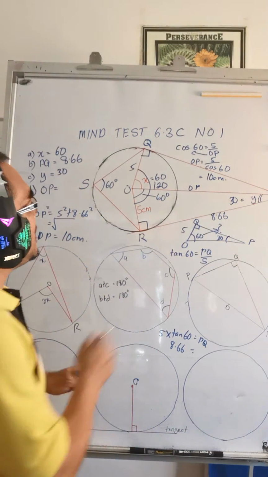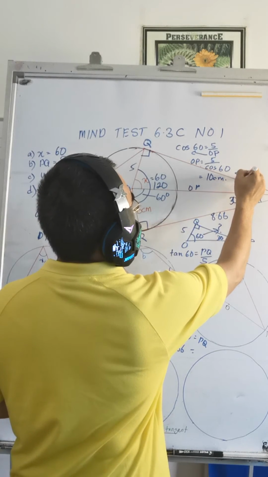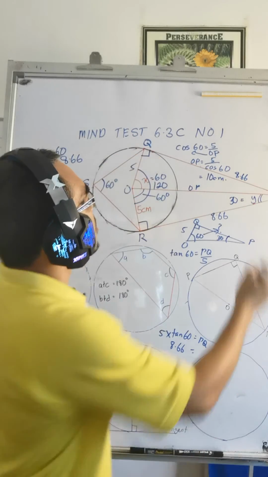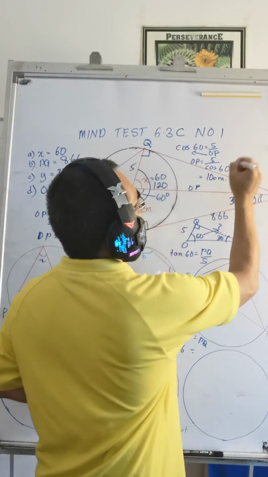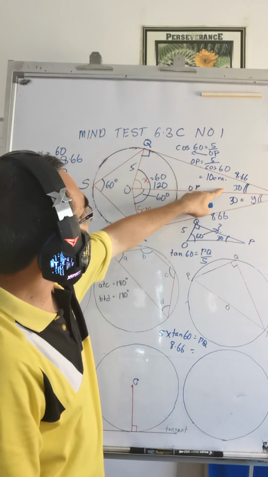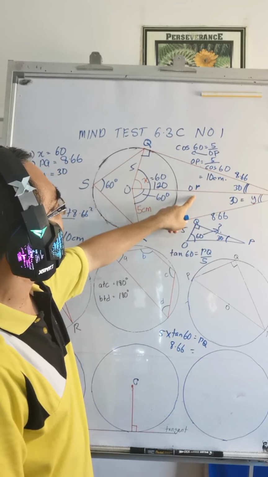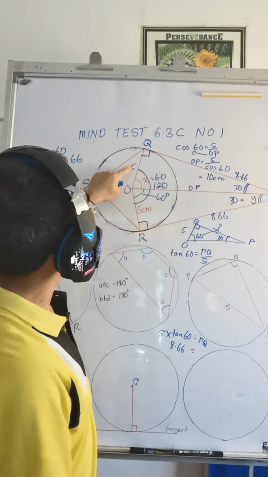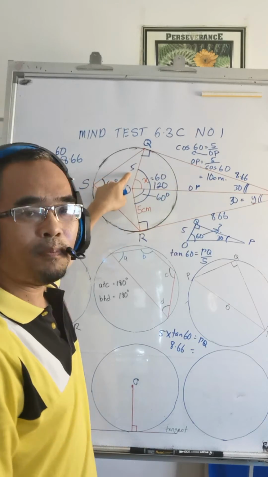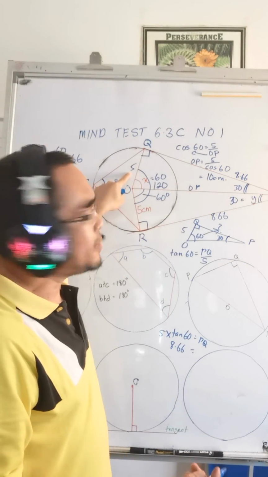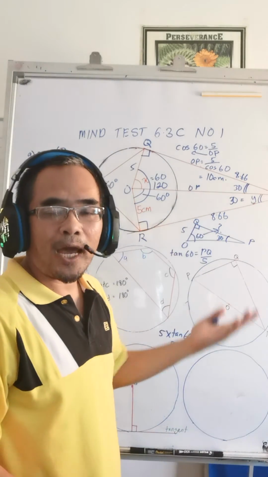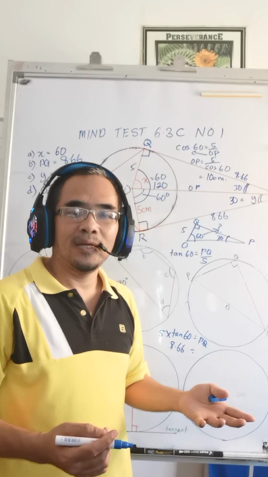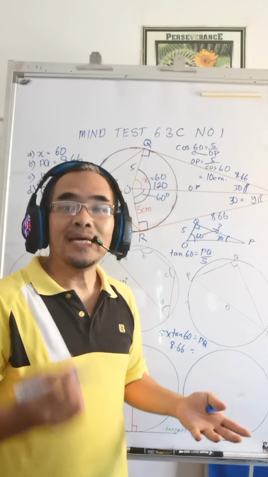Another option is, because we already know 8.66, we can also relate the angle of 30 now. Let me show you using 5. Five and 30 degrees will be opposite, and we want to know OP, which is the hypotenuse. Opposite and hypotenuse will be sine.